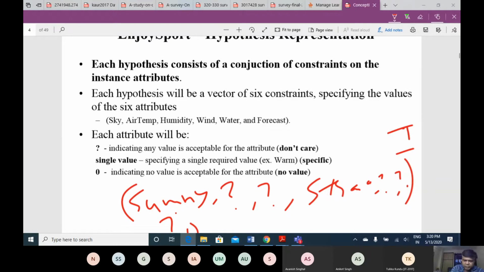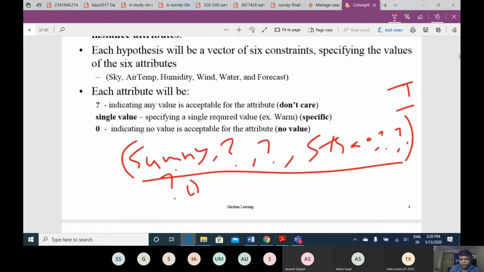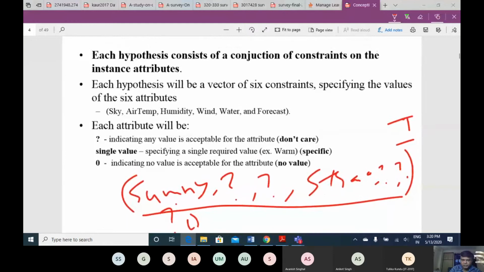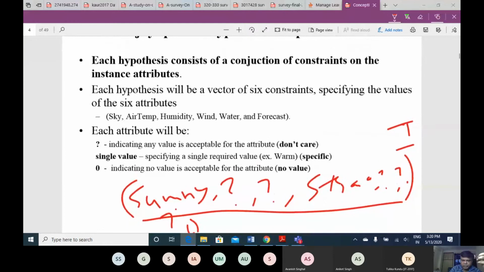So this particular representation defines a hypothesis where we have identified one concept based on a combination of these values. Have you understood? Hypothesis defines constraints.